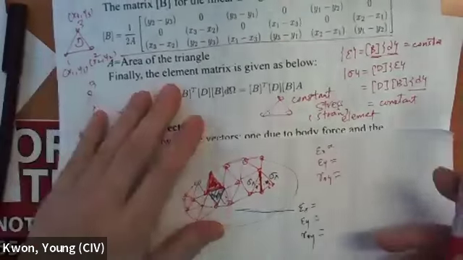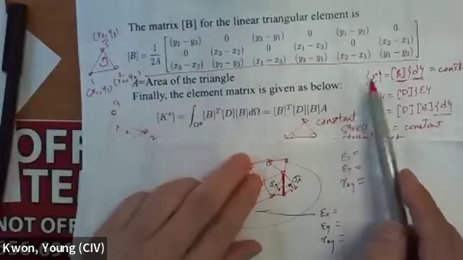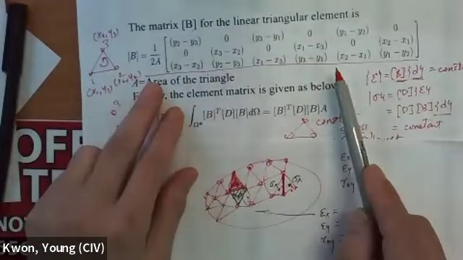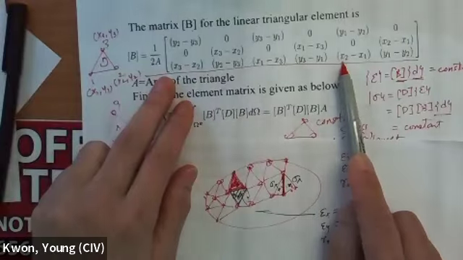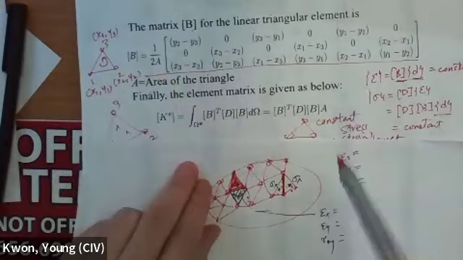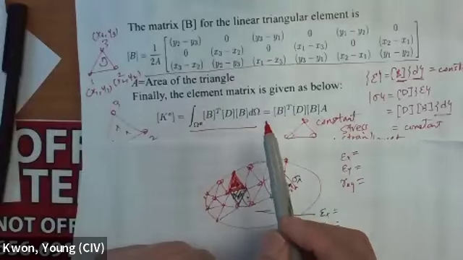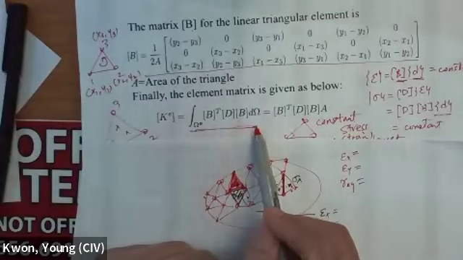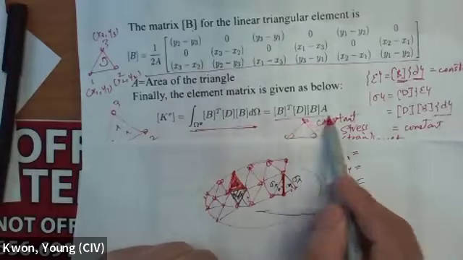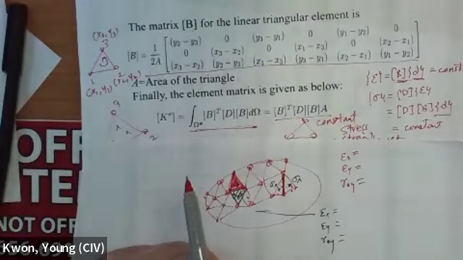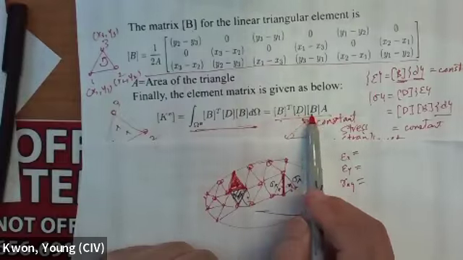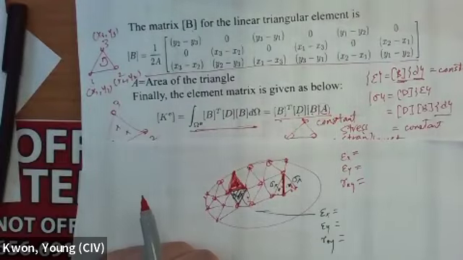Make sense? And because of this nature, and because this is going to be constant, not a function of x and y, if you evaluate this matrix, which we talked about in chapter 5 also, it is going to be exactly the same as this one: B transpose times D times B multiplied by area.